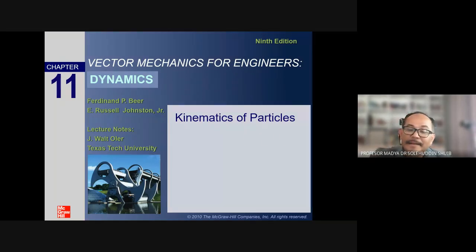And now we are using the Beer and Johnston book, chapter 11, the topic of kinematics of particles.